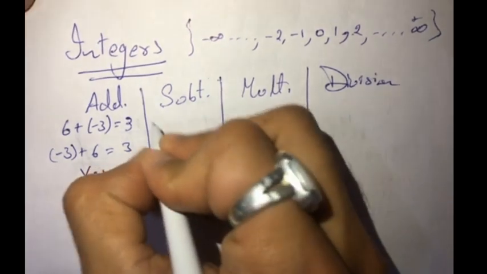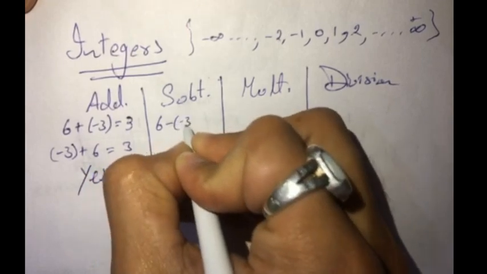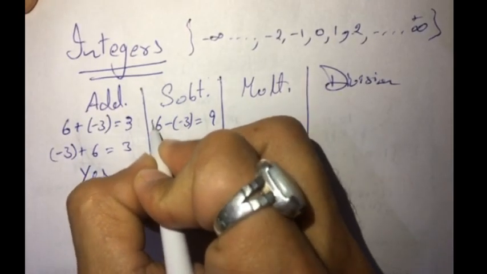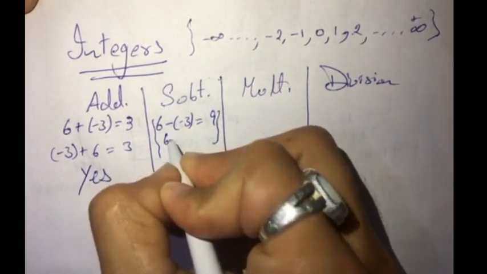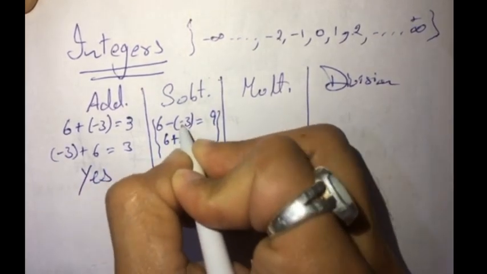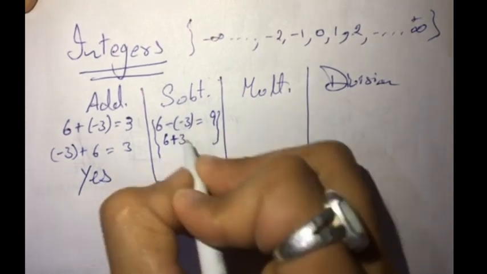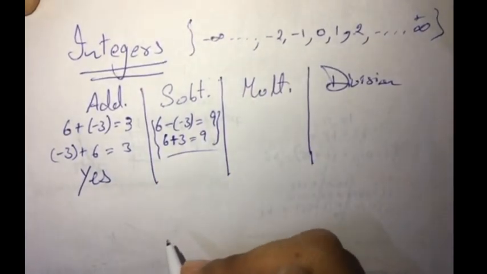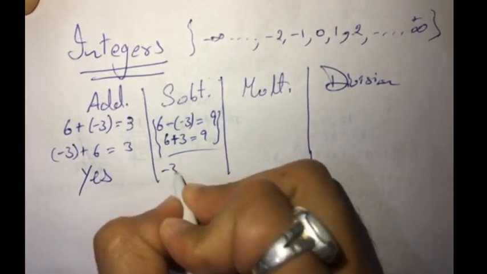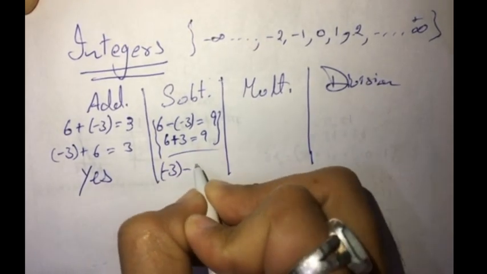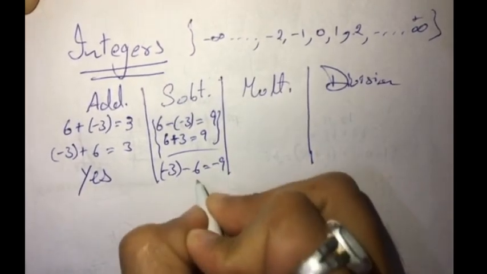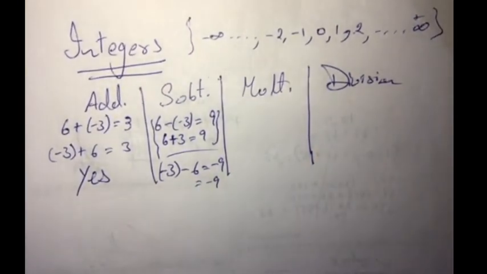And if we do the subtraction, 6 minus minus 3 will give you 9. Why? Because over here it becomes 6 plus 3. Negative negative will become positive, gives you 9. Now next, if I write minus 3 minus 6, it will give you minus 9.